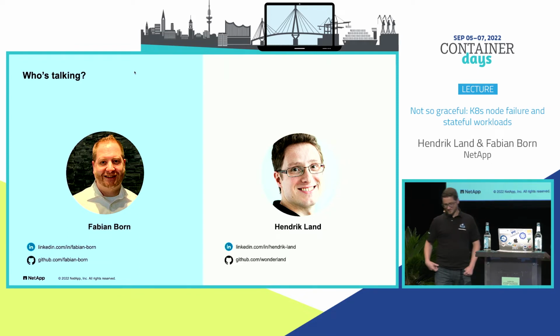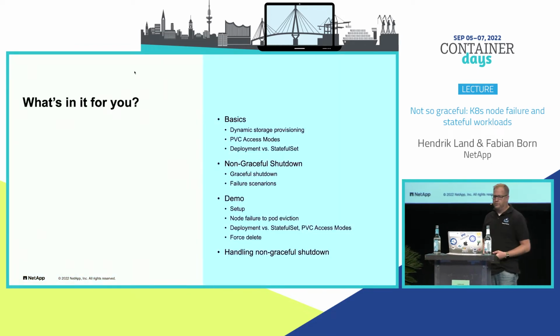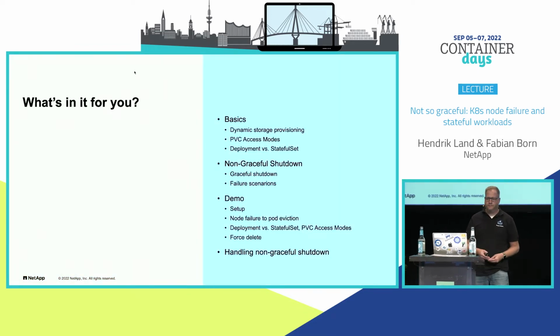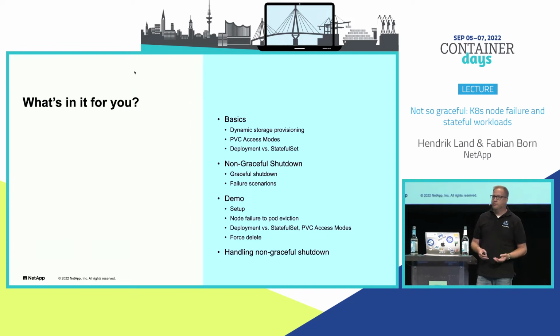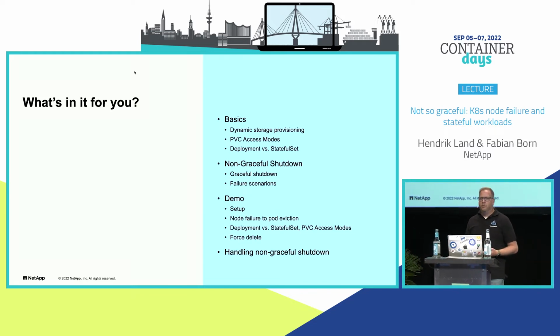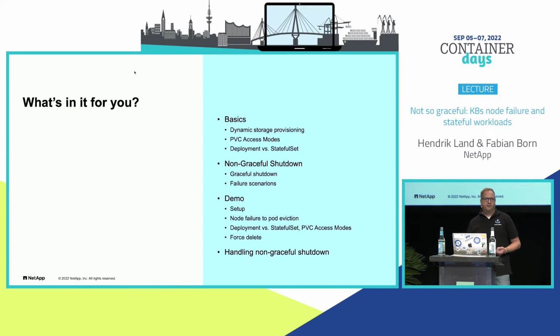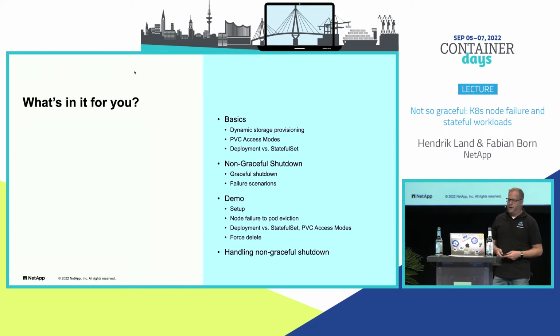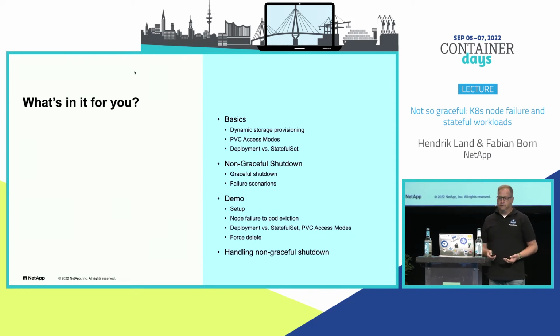Today we want to talk about non-graceful shutdowns of Kubernetes nodes, which is a relatively new feature in Kubernetes. Before we start, we want to clarify some basics, like how dynamic storage provisioning works, which PVC access modes still exist in Kubernetes, and what the difference is between a deployment and a stateful set.